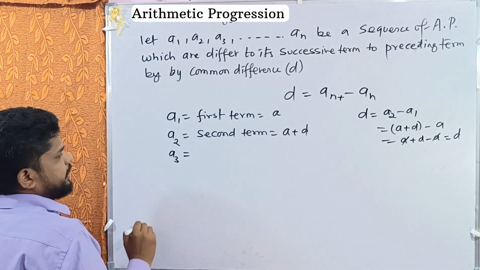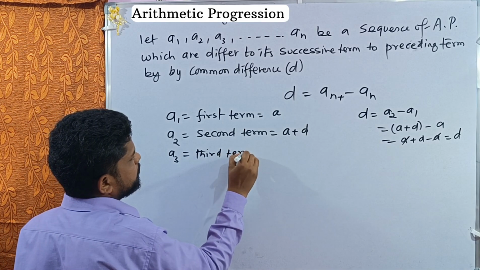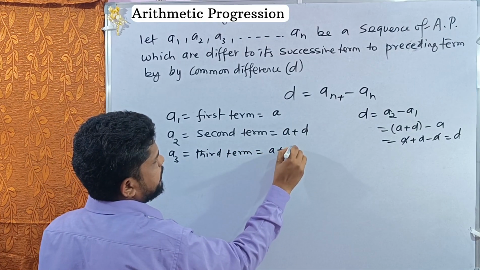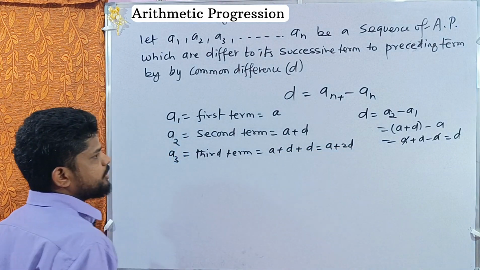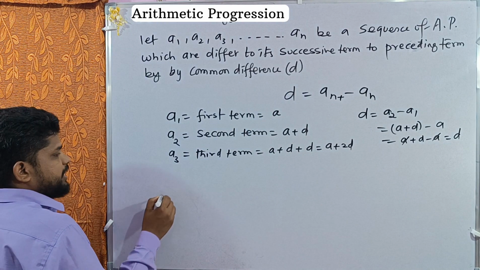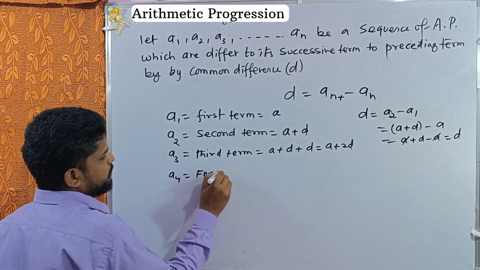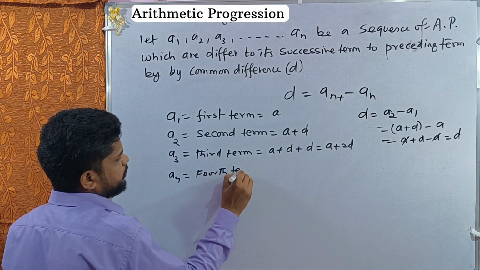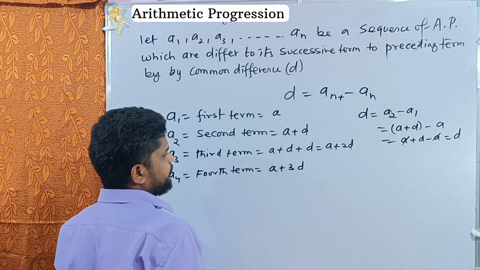Likewise the third term will be a plus d plus d, which is a plus 2d. Yes or no? Yes. Similarly, dear students, a4, the fourth term, can be written as a plus 3d.